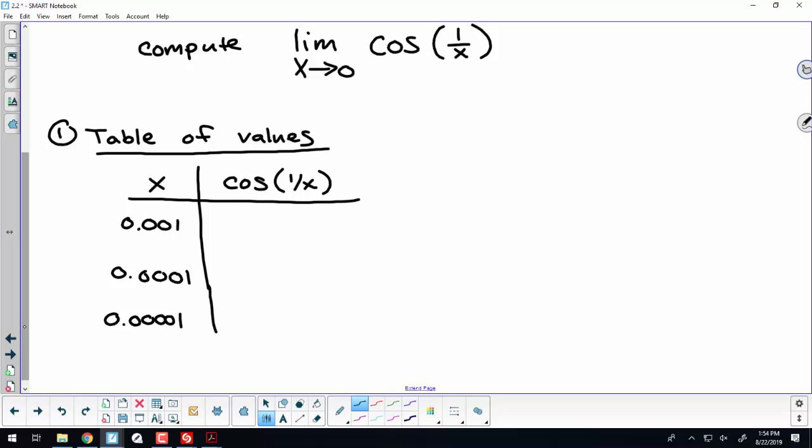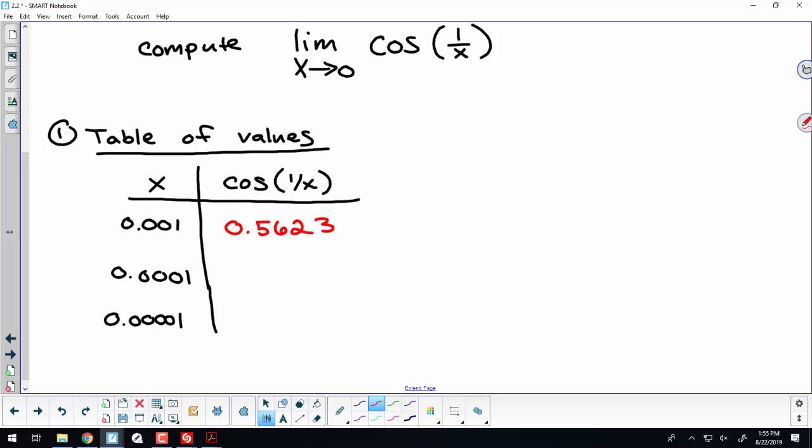Okay, so what is the cosine of 1 over 0.001? Just leave as many decimals as you can. 0.5623.